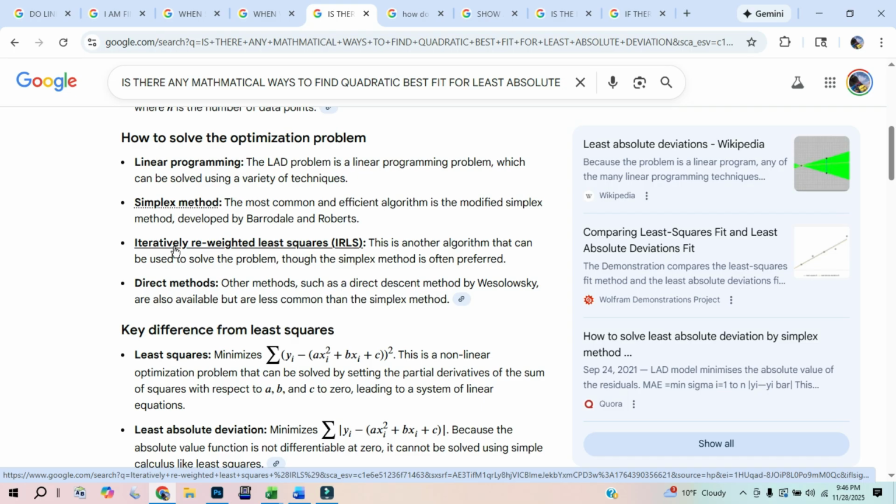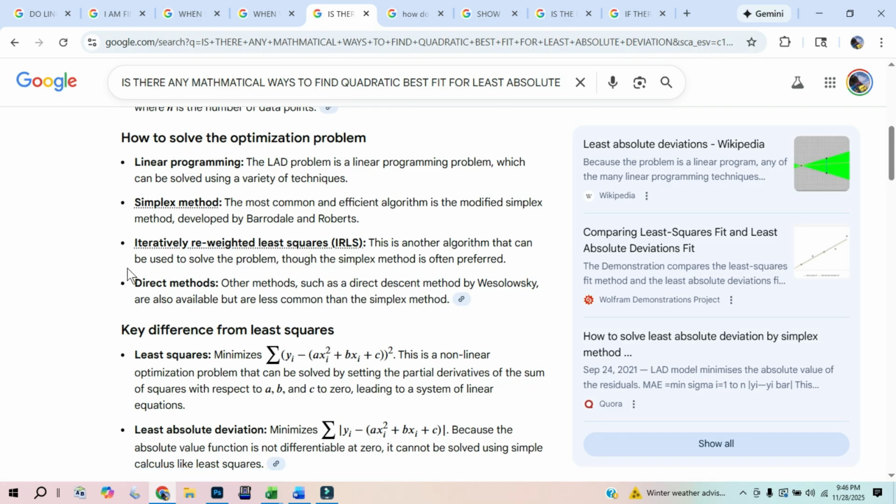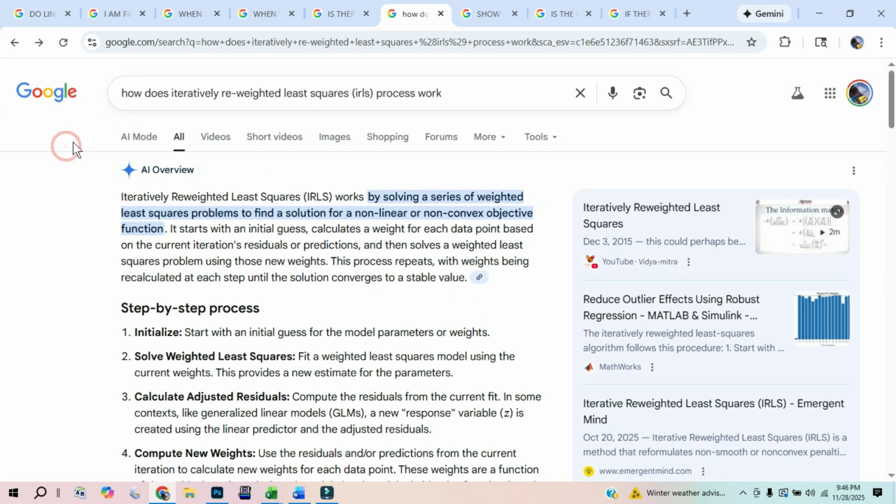Then I use that answer as my new inputs, with the same general assumptions. In an iterative process, I've always felt you can have a better understanding of what's going on. So that's the one I looked up: iteratively reweighted least squares, IRLS. First time I've ever even heard of this.